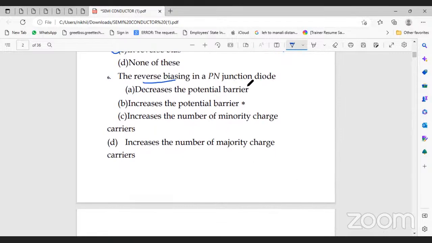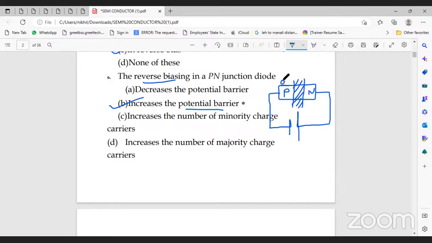In the case of a reverse bias, what will happen to the potential barrier? The potential barrier increases in the reverse bias. If I connect a PN junction diode like this, with this as P type, this as N type, and this as the depletion region, in the reverse bias the P type is connected to the negative terminal and the N type is connected to the positive terminal.